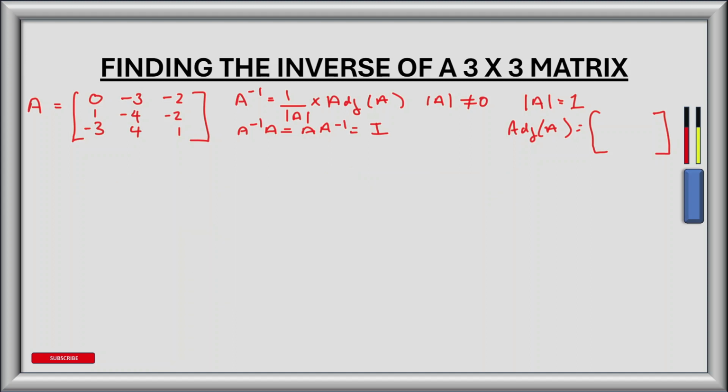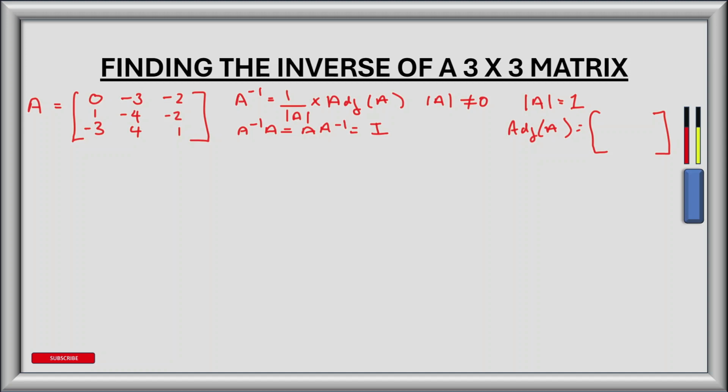Now we've found the determinant of A, we need to find the adjoint of A. Now, to find the adjoint, we have to go through a number of steps. So we need to replace first the elements of matrix A with the determinant of its minor. So the way we do that is we take each element.